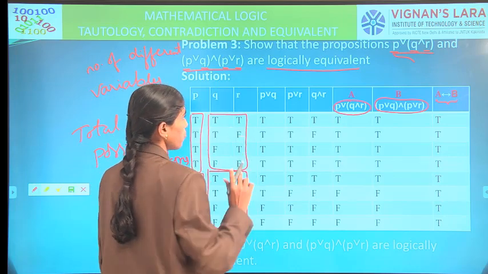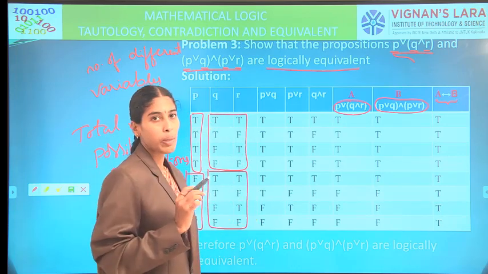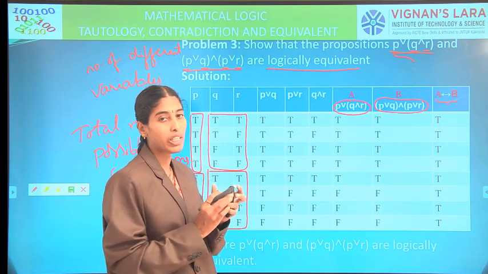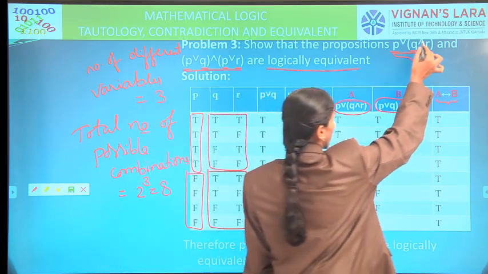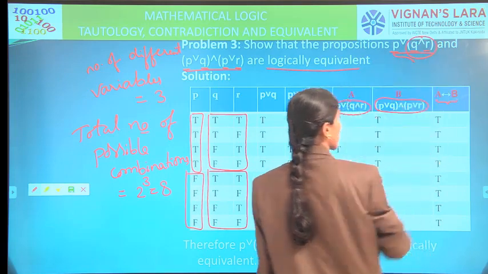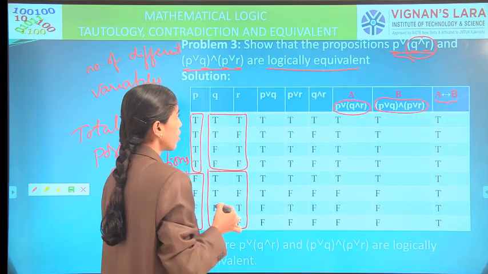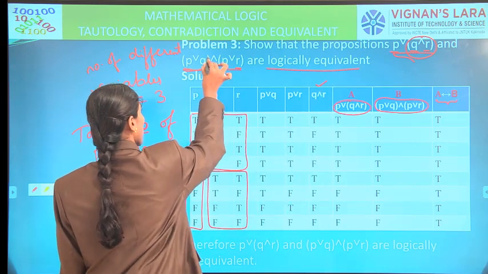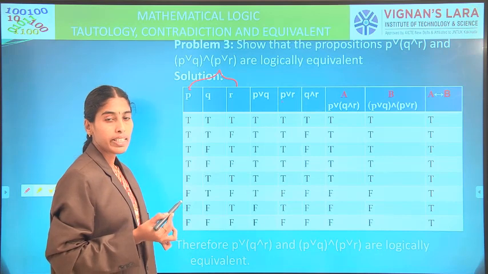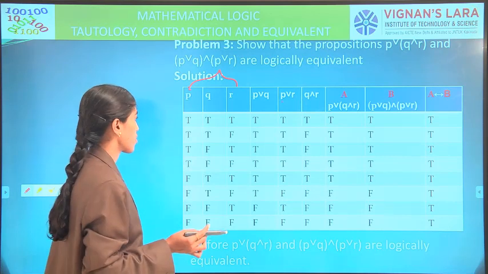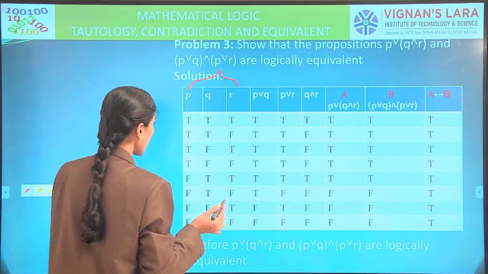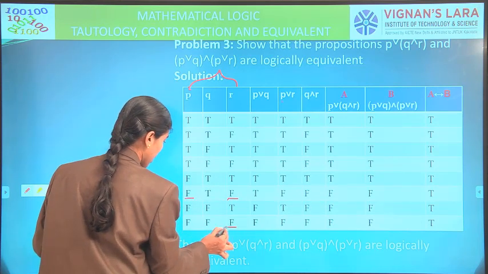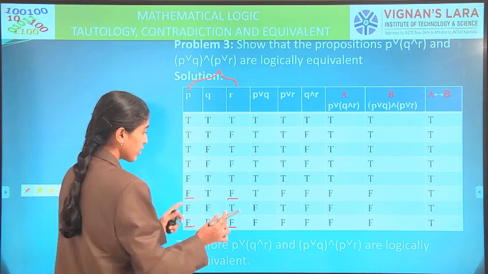Now, each part of the given propositions we first find out, then we join all those by using the connectives. In the first proposition, the first part is Q OR R, right? Here we calculate the disjunction. It is false if both are false, right? So both are false in these two cases.